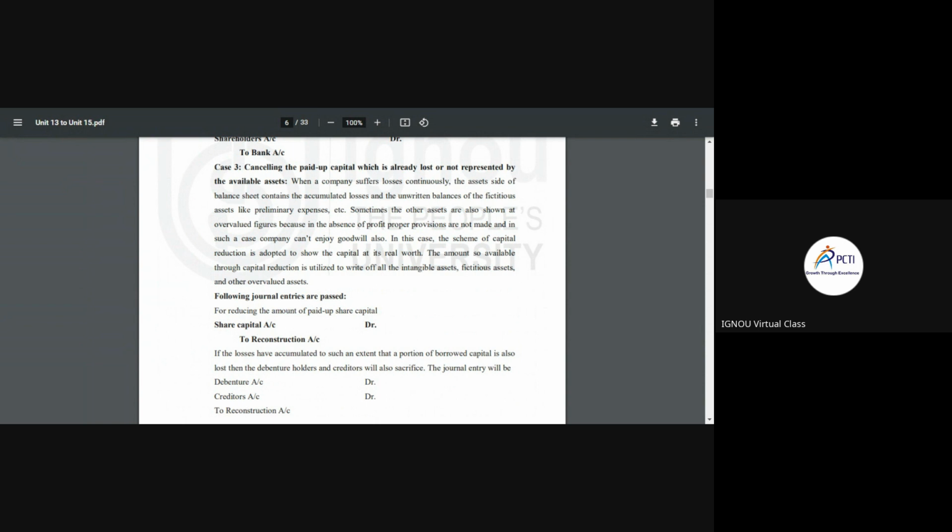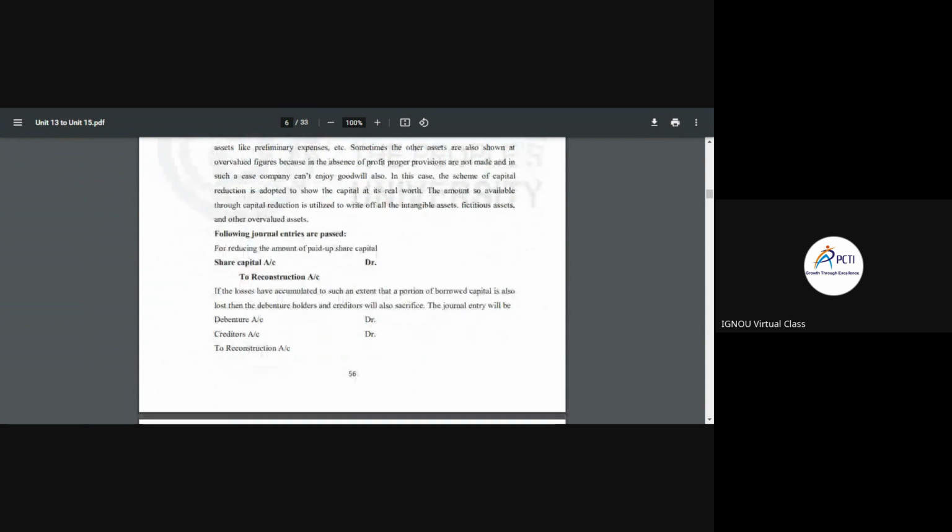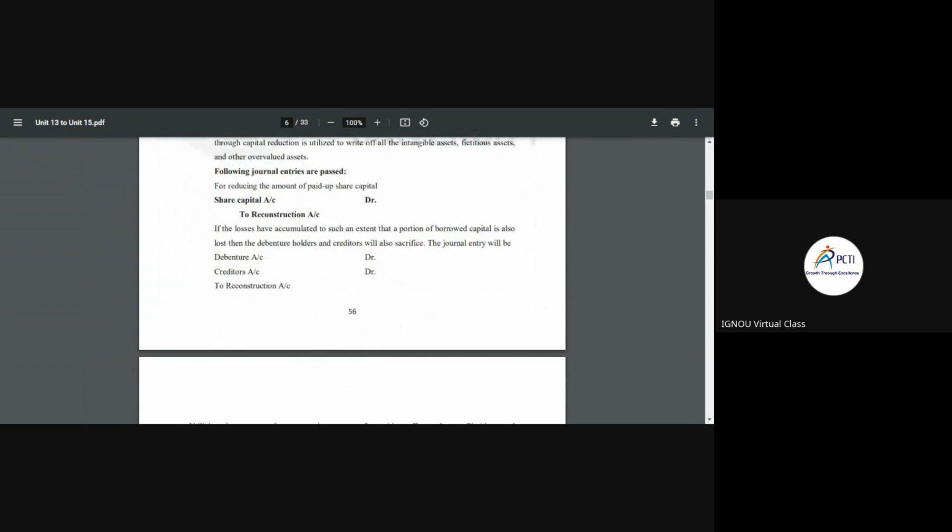In such a case the company can't enjoy goodwill also. So in this case the scheme of capital reduction is adopted to show the capital at its real worth, and the amount so available through capital reduction is utilized to write off all the intangible assets, fictitious assets and other overvalued assets.